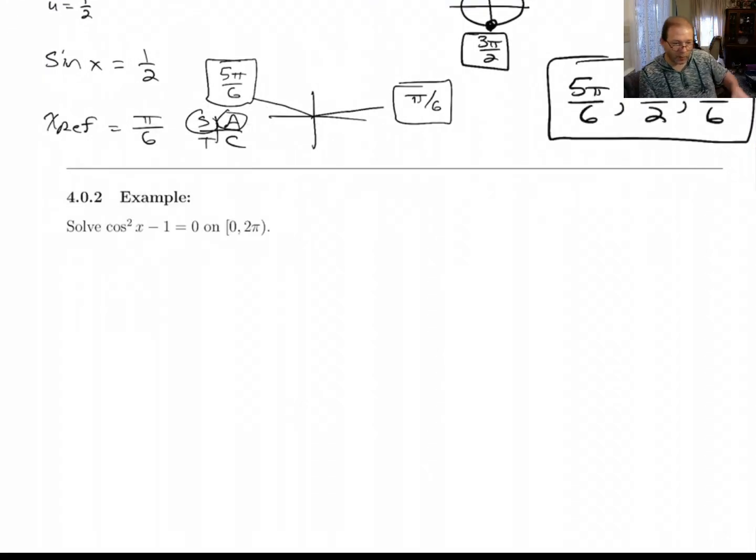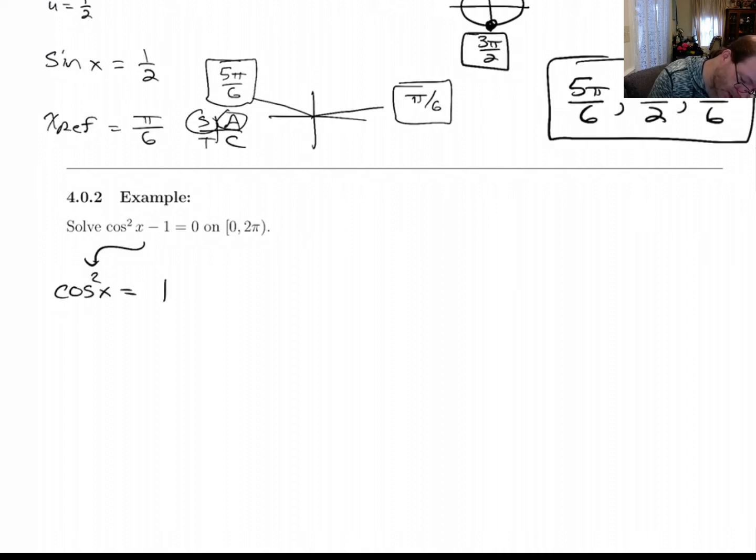All right, let's do one more example in this video. Solve cosine squared x minus 1 equals 0 on 0 to 2 pi. Now there are two ways you could do this. You could say, well, cosine squared x then is 1, and take the square root of both sides and get cosine x is plus or minus 1. There's nothing wrong with doing that.